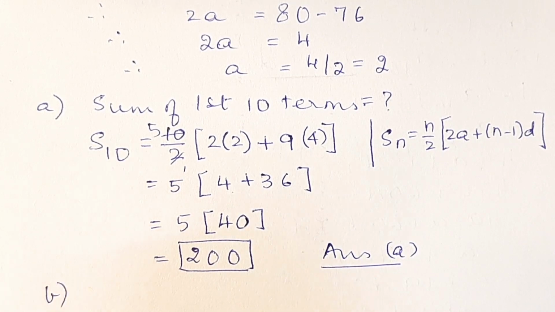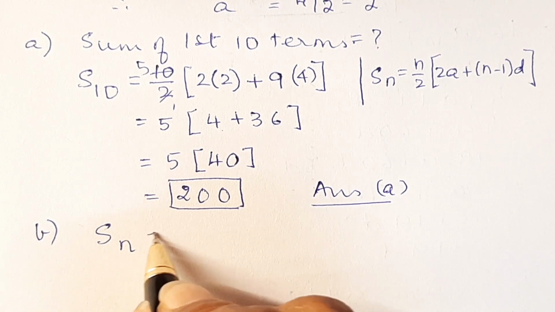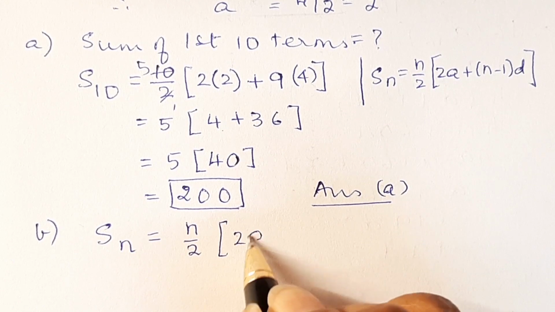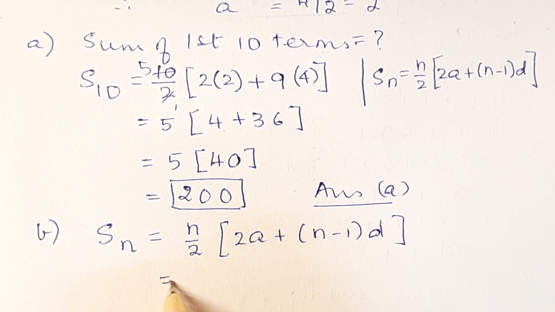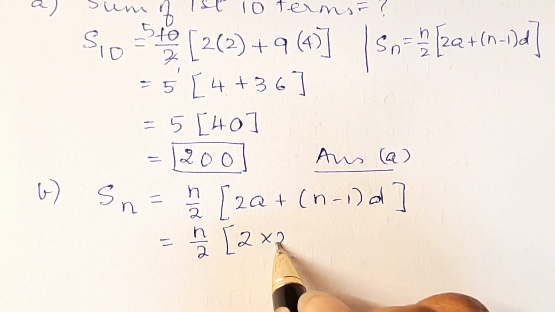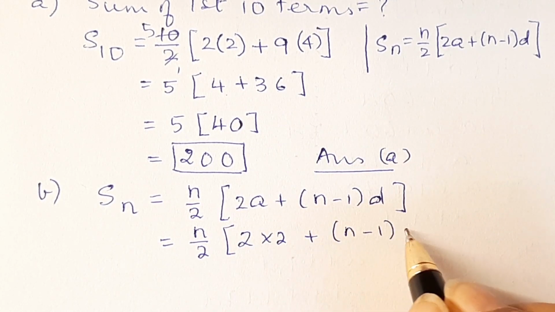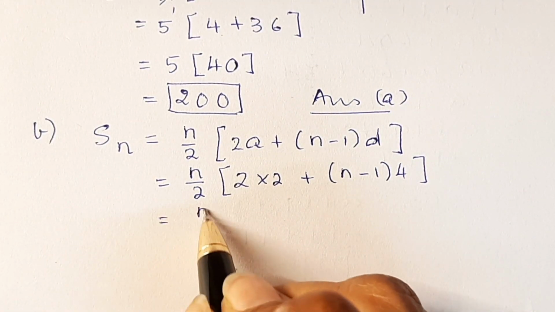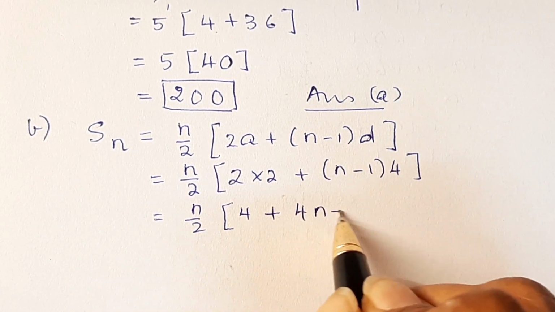Now for the B part, they have asked to find the sum of n terms. So we'll write again the same formula, and that will give us n upon 2 into bracket, we'll substitute the values, 2a plus n minus 1 as it is into d, which is 4, which is equal to n upon 2 into bracket 4 plus 4n minus 4.